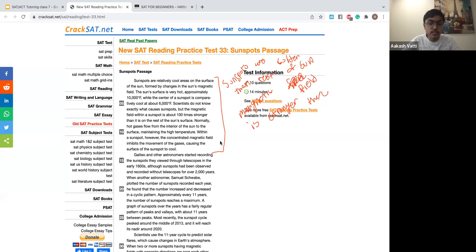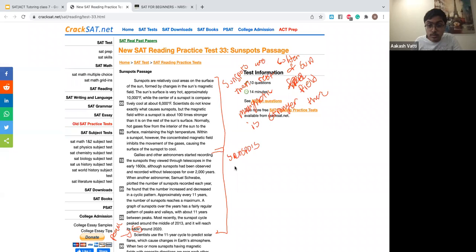A graph of sunspots over the years has a fairly regular pattern of peaks and valleys, with about 11 years between peaks. Most recently, the sunspot cycle peaked around the middle of 2013 and will reach its nadir around 2020. First of all, this word isn't common to know, but we can assume from the context that this is a peak. Nadir means peak or something similar to it. Anyways, what we learned in this paragraph was sunspots cycle every 11 years.